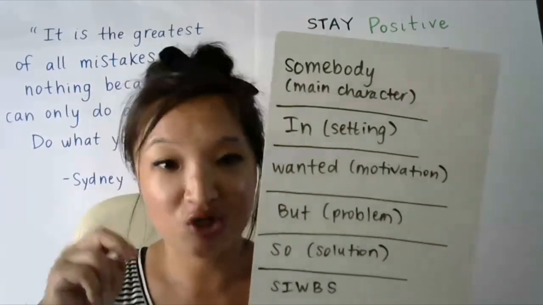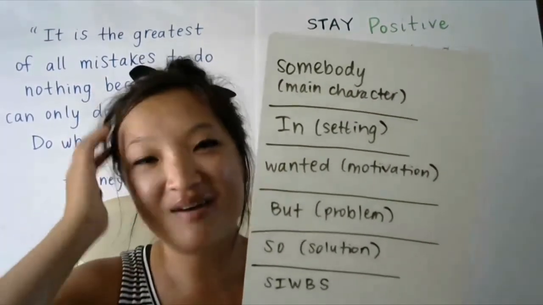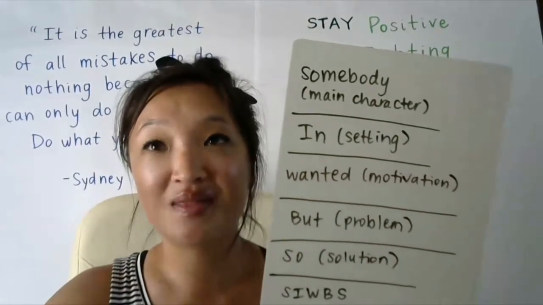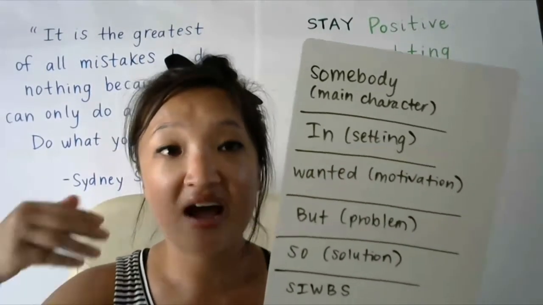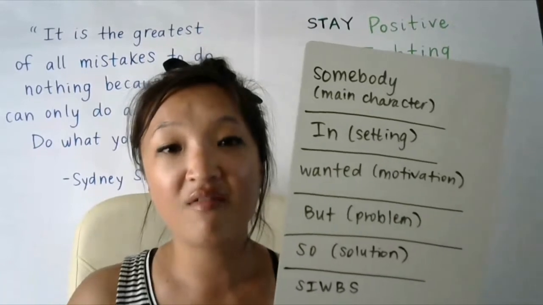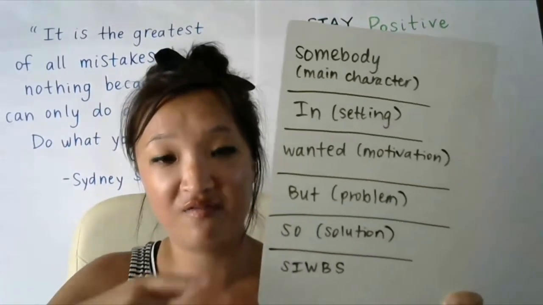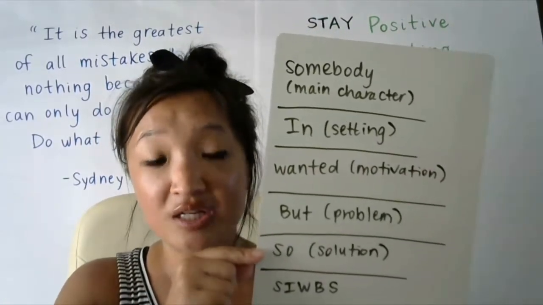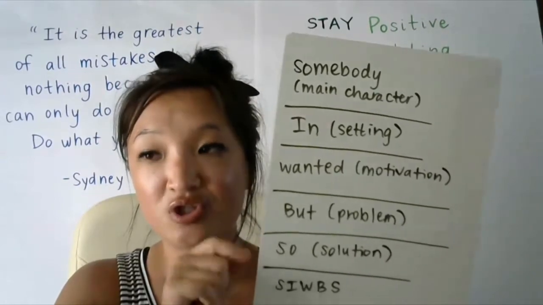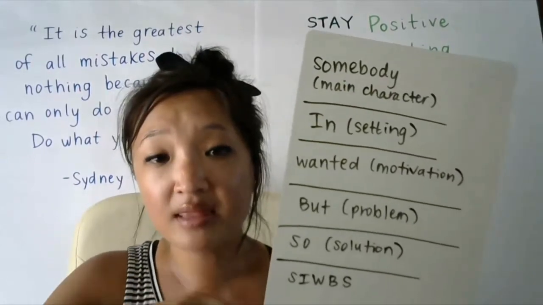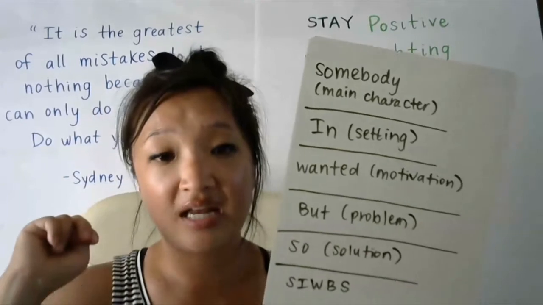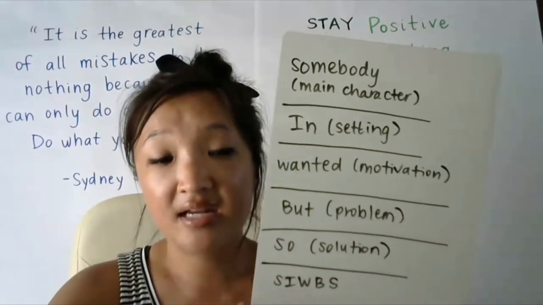And I joke that with the big but, that's a big problem in the story. Usually books have many little problems. We want to think of the main one that the main character faced. And then the solution. The problem and solution always have to connect. And so that's, again, SWIBS.